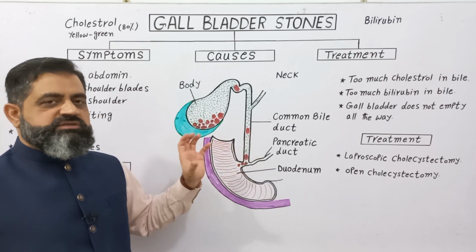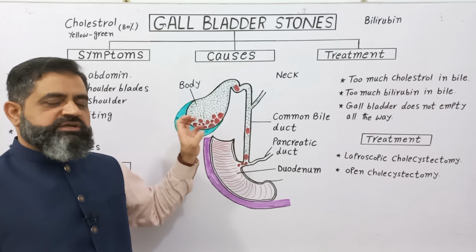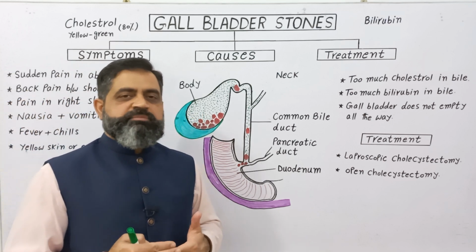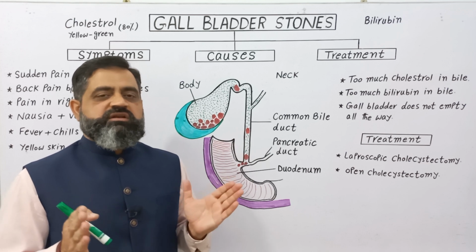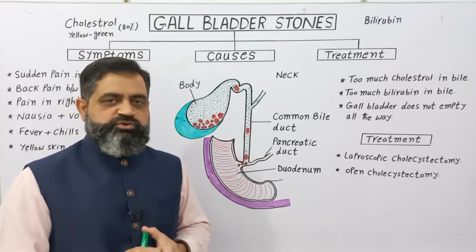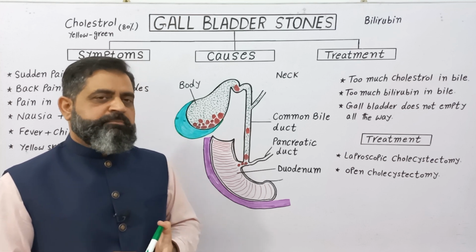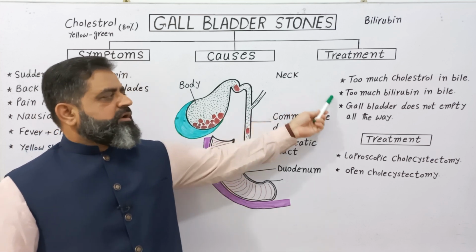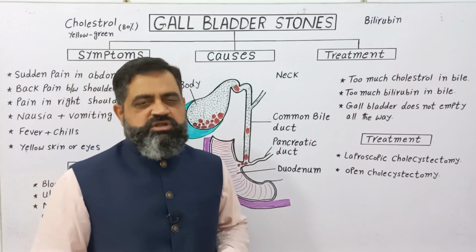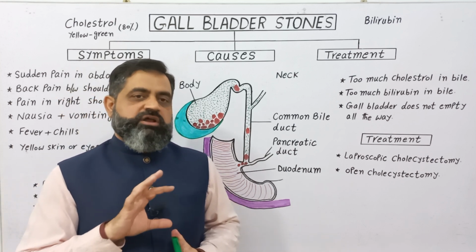But if the contraction is not powerful and the bile remains inside the gallbladder, it will be concentrated with the passage of time, become crystals and turn into sludge, and this sludge turns into gallstones of different sizes. But these are some causes identified by the doctors; the exact cause is still unknown.